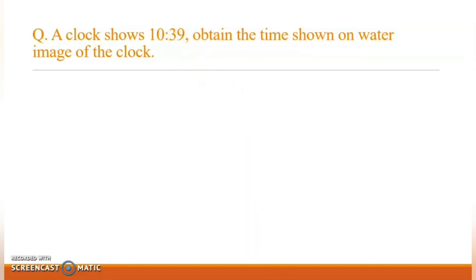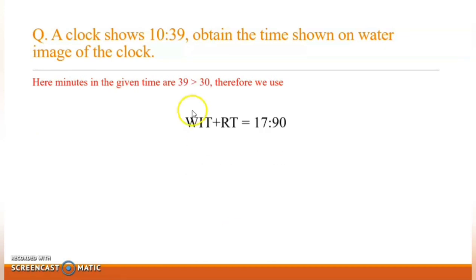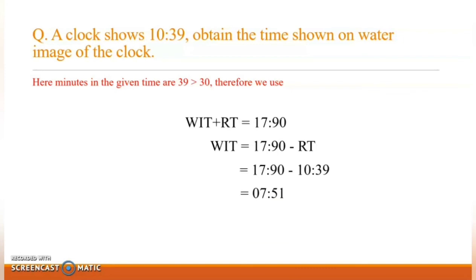Therefore, we use the second formula that says water image time plus real time is equal to 17 hours and 90 minutes, which is the same as 18 hours and 30 minutes, which on simplification gives us this, that is 7 hours and 51 minutes. That is 51 minutes past 7.